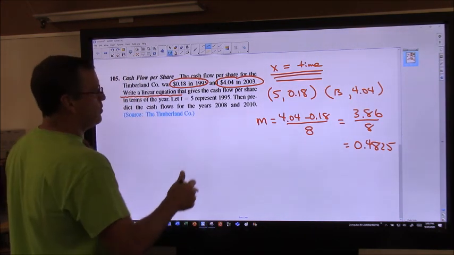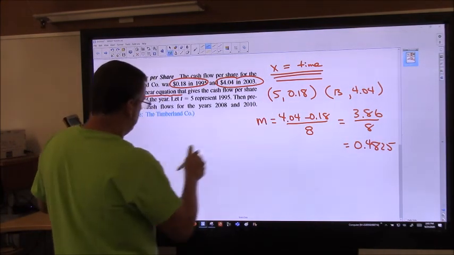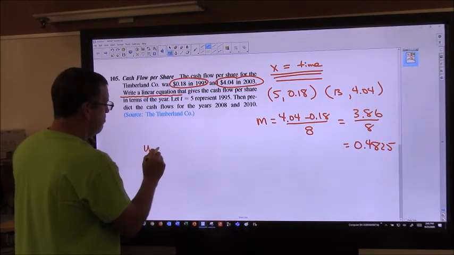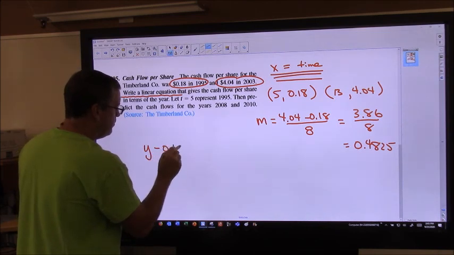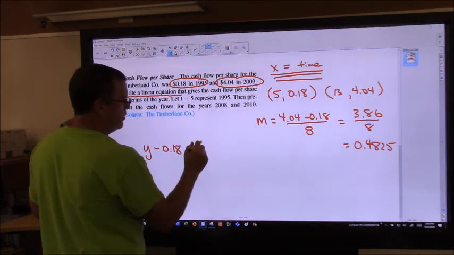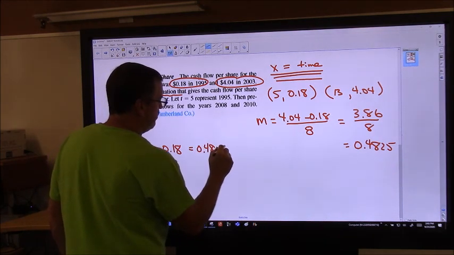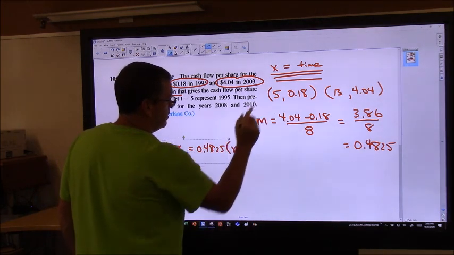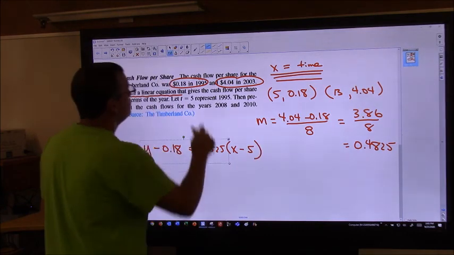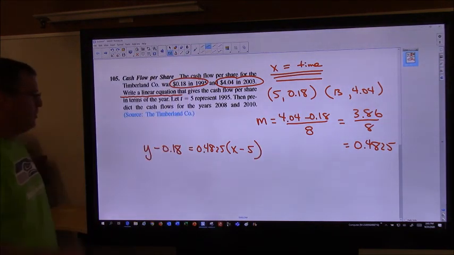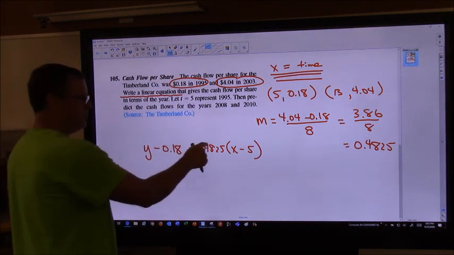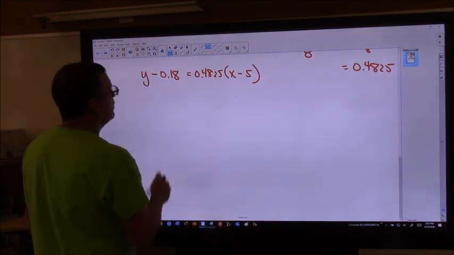So now I want to write the equation of my line. I'll just go with this point. y minus the y value equals the slope, which is 0.4825 times x minus the x value. And so first step is to distribute this. So I'm going to go ahead and do that.